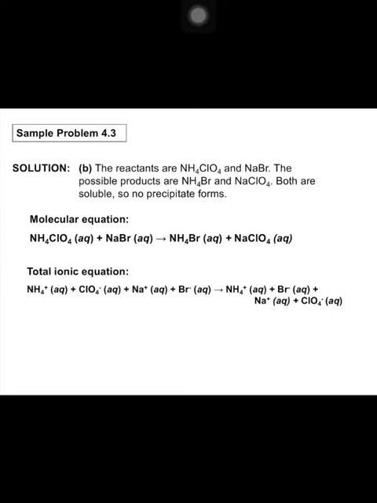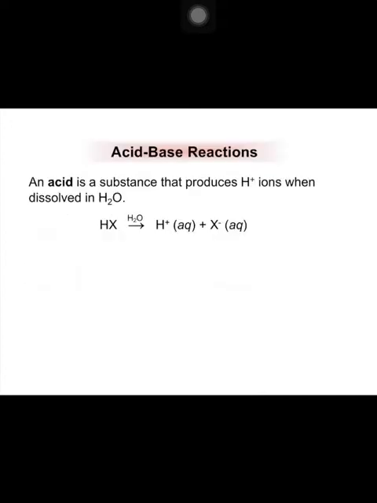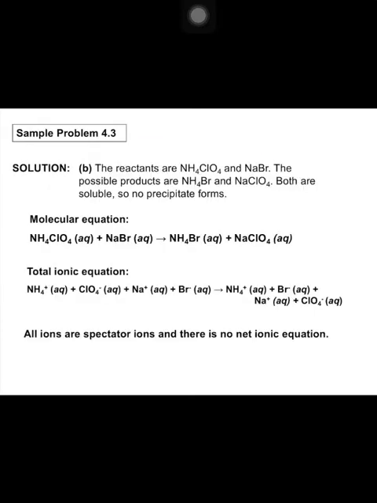So if you go to the total ionic equation, maknanya semua ionic compound kita ni will be dissociated into ions. So dia akan pecah jadi ion semua, makanya you can see under total ionic equation semua pecah. Okay, so which means that if I ask you what are the spectator ions in this reaction, then makna katanya you can see semuanya adalah spectator ions.